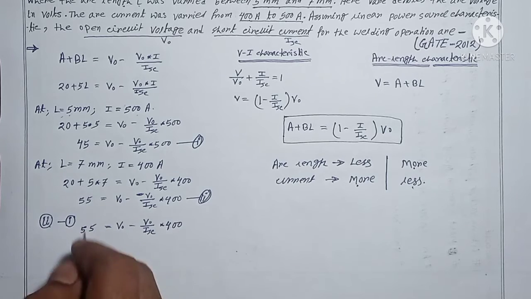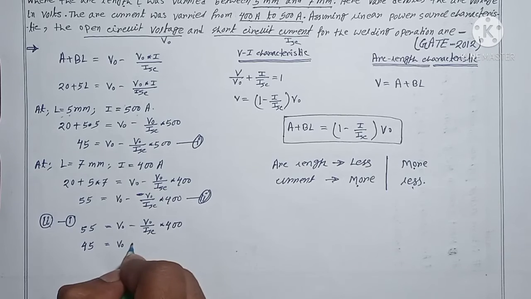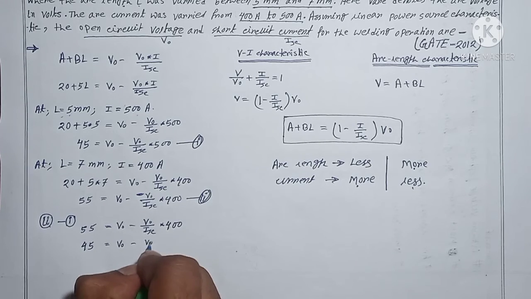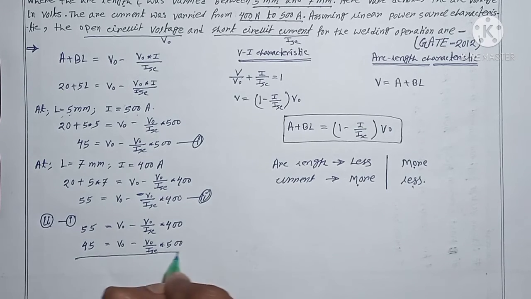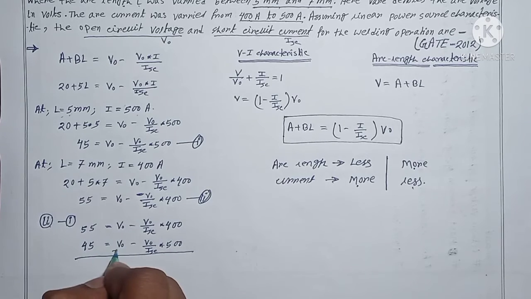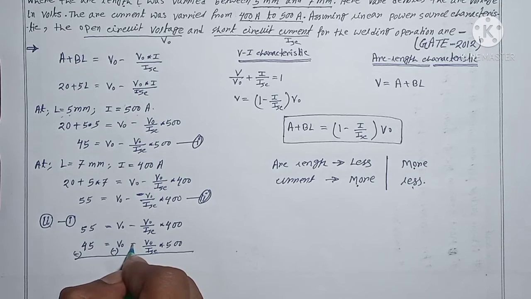Here 45 is equal to V naught minus V naught by ISC into 500. Am I right? If we subtract this one, the sign will be minus because we are doing the subtraction. So minus minus gives plus actually.